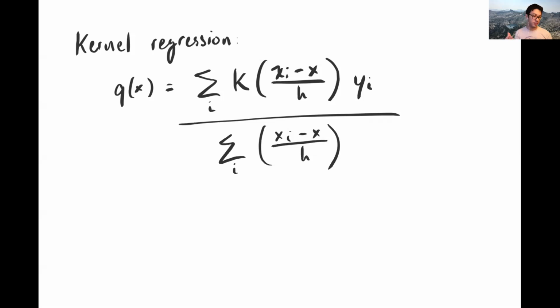I'm not even going to spend much time talking about exactly what's going on in it. One of the key things to note is this parameter h, which is known as the bandwidth. I'll talk a little more about this after we go through the concept of kernel regression.